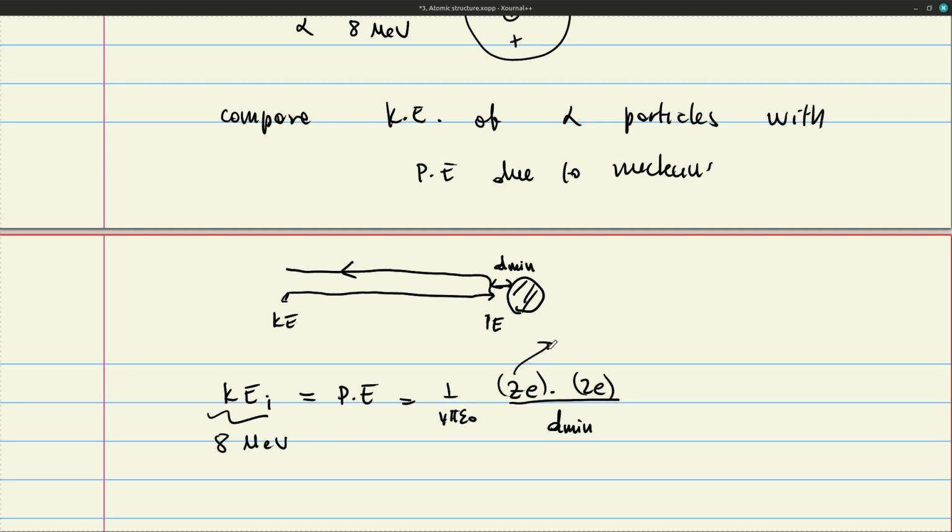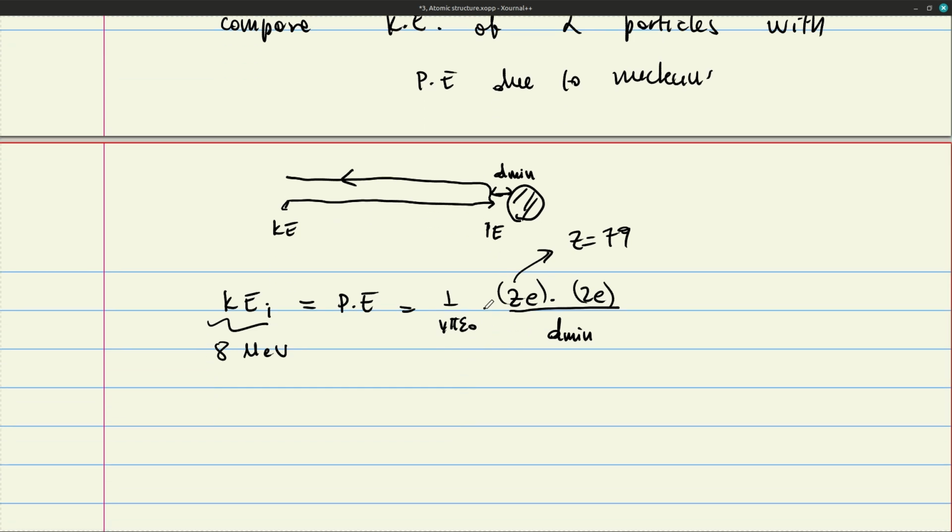I calculated it for gold, but I think you can also calculate it for aluminum. For gold, Z is 79. e is the electron charge. Epsilon naught is a constant of nature. From here, you can find d min, which I found to be 3.0 times 10 to the minus 14 meters.